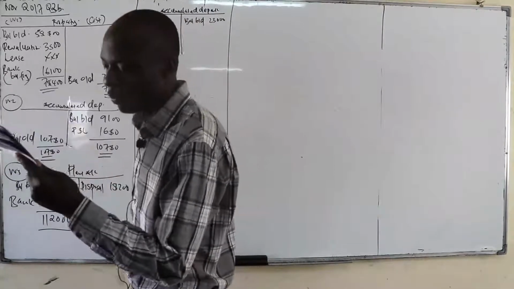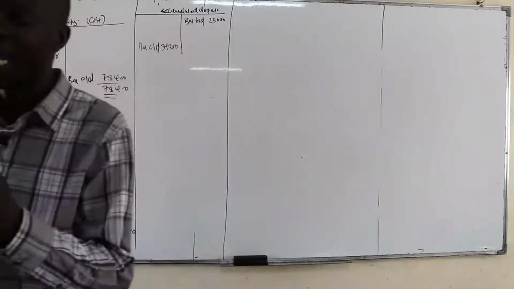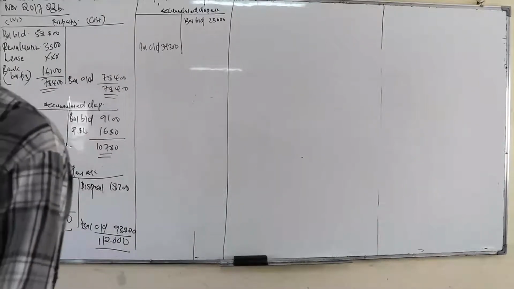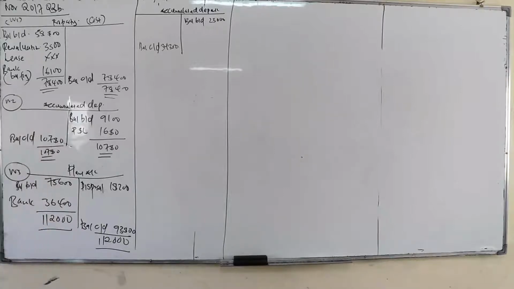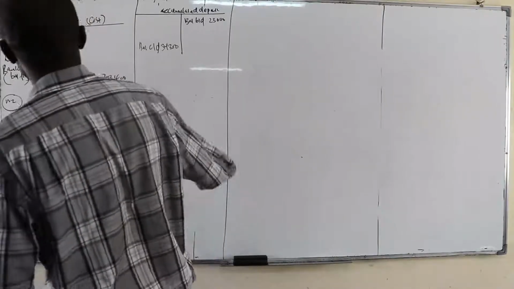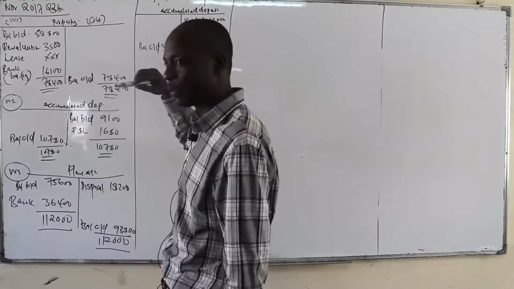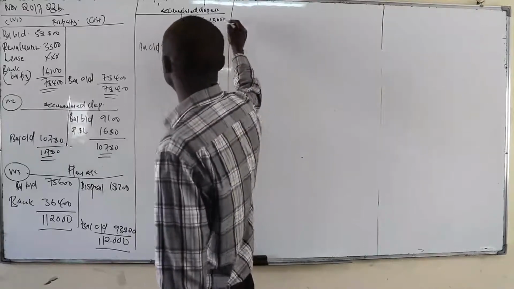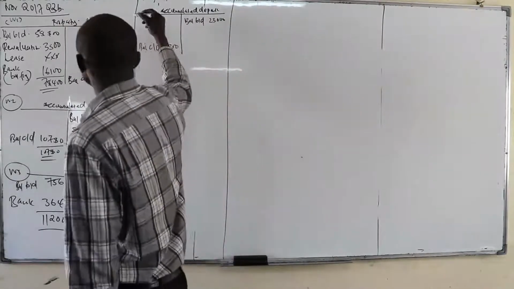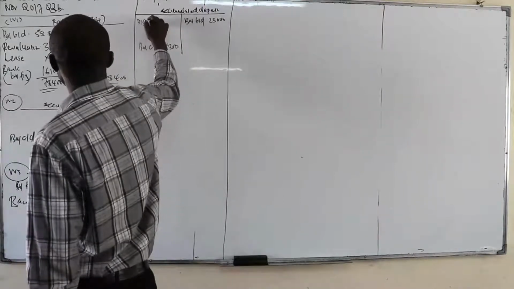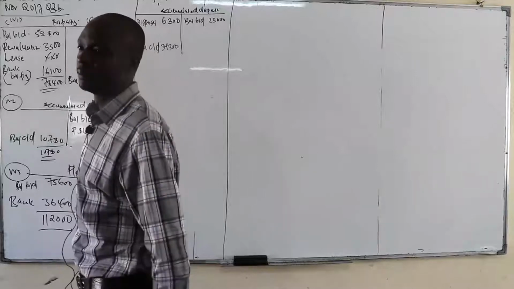Note number 2, plant disposed of during the year ended 30th June 2017 had an original cost of 18,200 and accumulated depreciation of 6,300. This figure is in the opening balance of 23,000, so we eliminate it. We write here disposal, which is 6,300, isn't it?